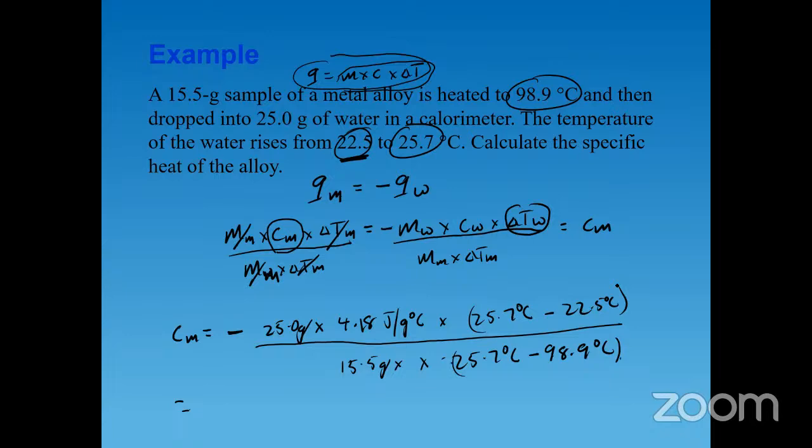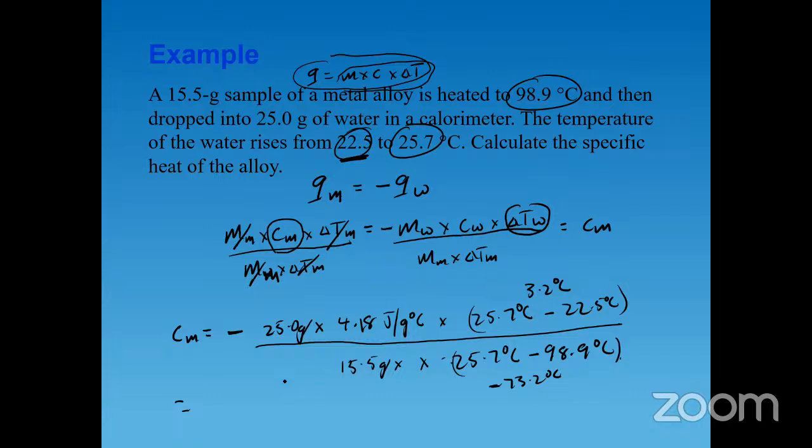25.7 minus 22.5. According to my calculation, this would be 3.2 as I calculated earlier. And then 25.7 minus 98.9, so this part gives the minus 73.2 degrees Celsius. And then I do the rest of the calculation: 25 times 4.18 times 3.2, and then divide by 15.5, divide by 73.2, and then I put a minus sign in front of that.